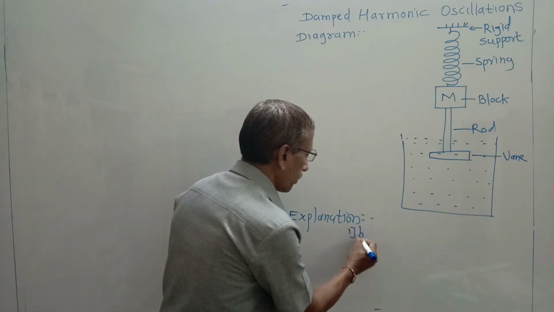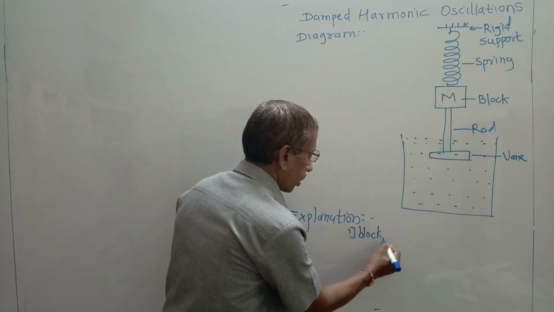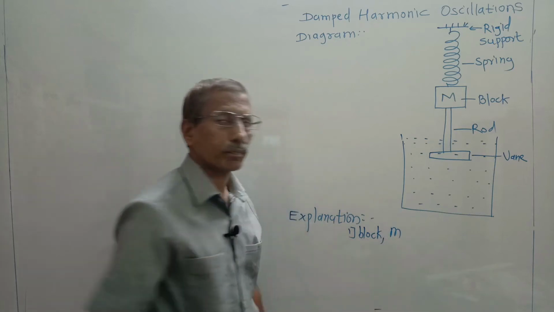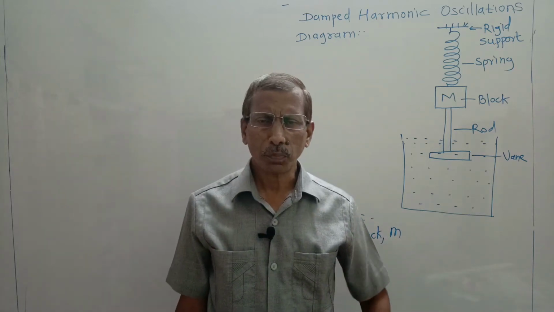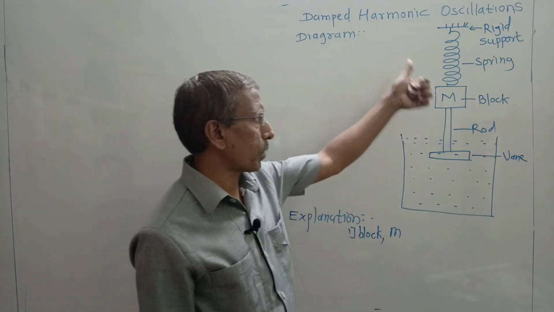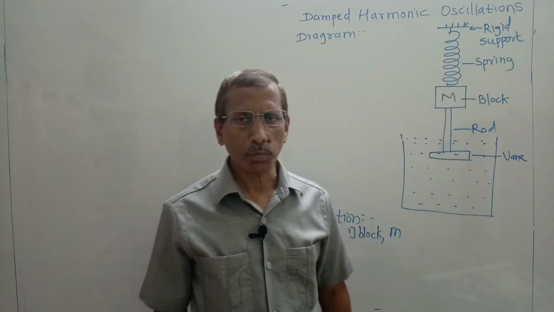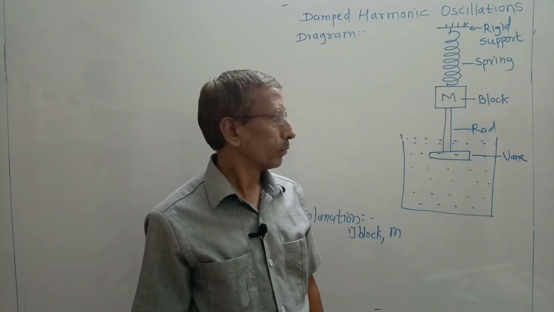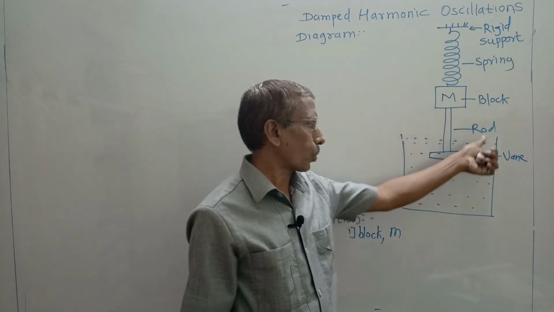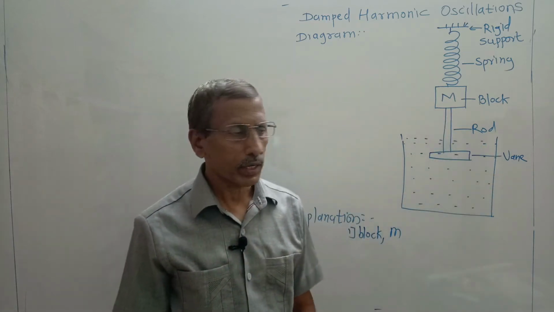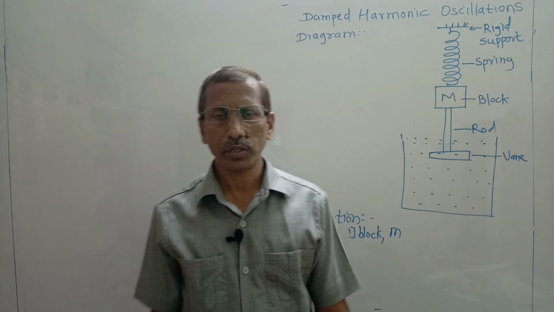What we consider? Block of mass m suspended from rigid support by means of the spring, and it is connected to rod and vane, an additional arrangement which is immersed in the liquid.